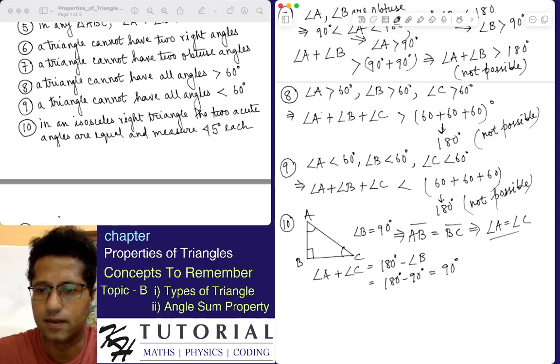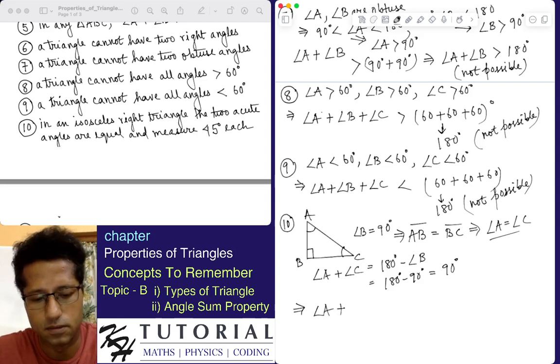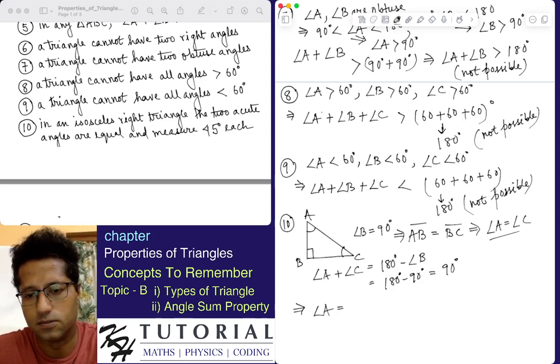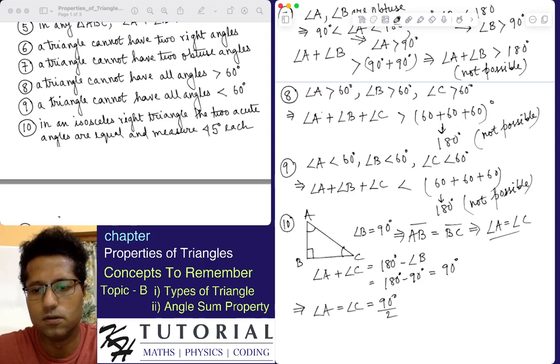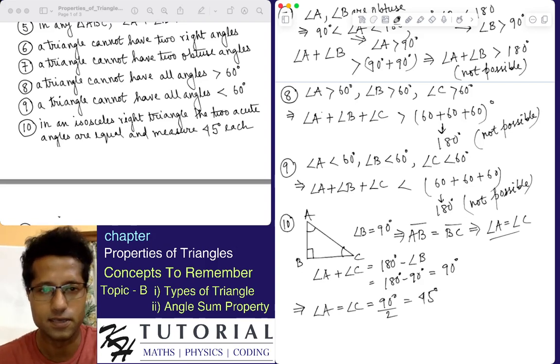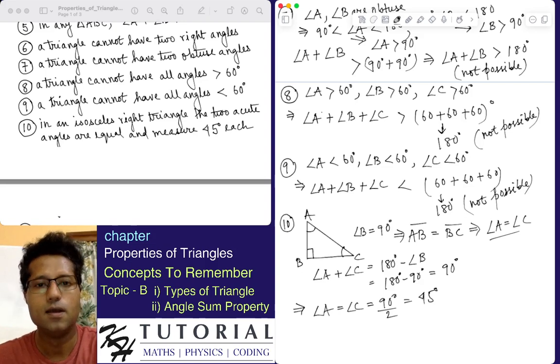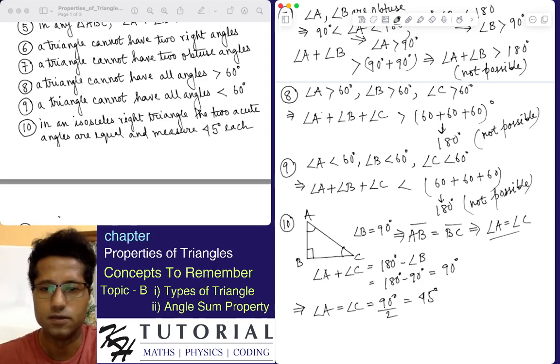Now these two facts, angle A is equal to angle C and angle A plus angle C is 90 degrees, will imply that angle A is equal to angle C is equal to 90 degrees by 2, that is 45 degrees. So this is what the point is saying, that in an isosceles right triangle, the two acute angles are equal and they measure 45 degrees each.